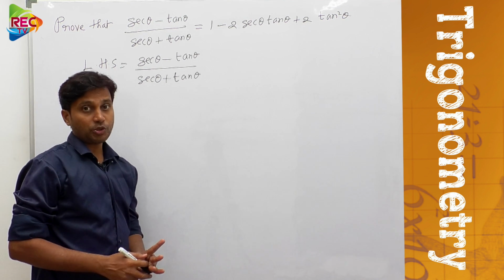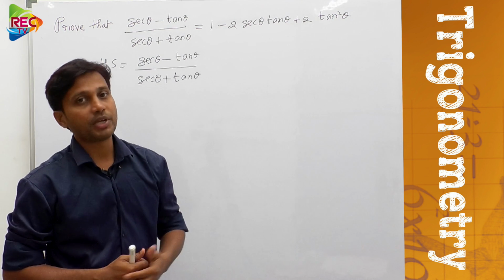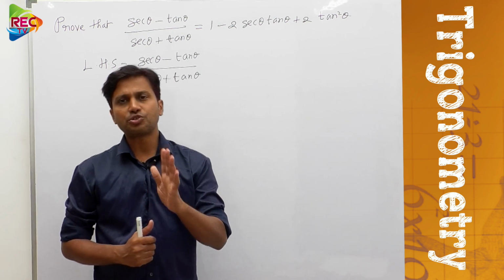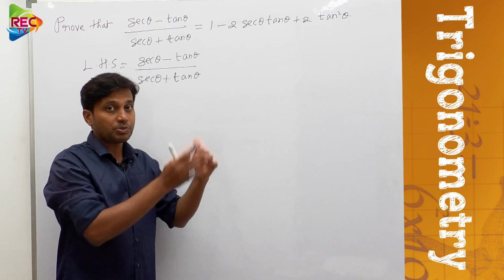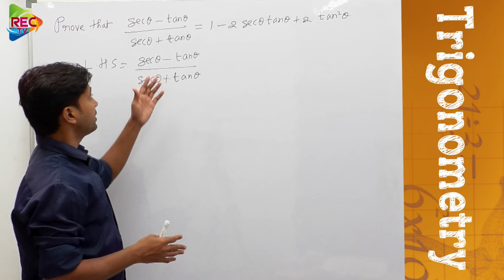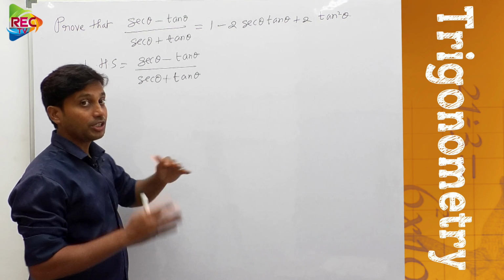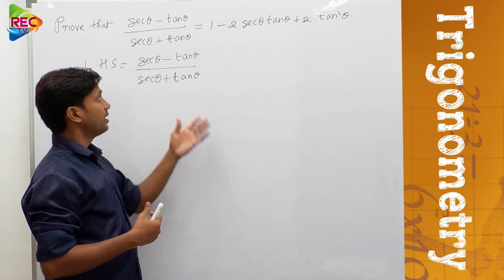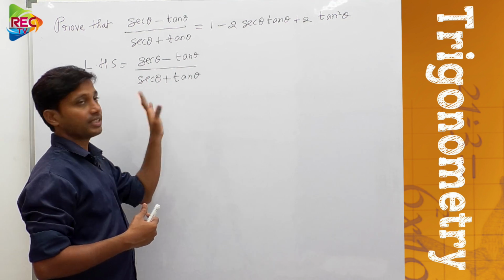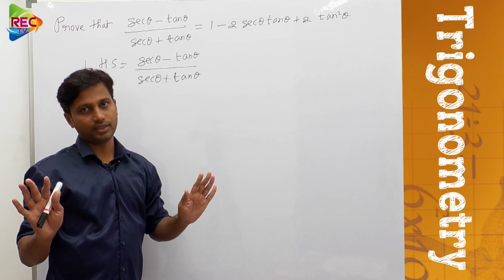Now at this position, what is the general student perception? General students will consider that in previous problems also we have converted secant terms and tan terms into sin and cos. Generally we think that we better convert into sin theta and cos theta, but it's not a method.